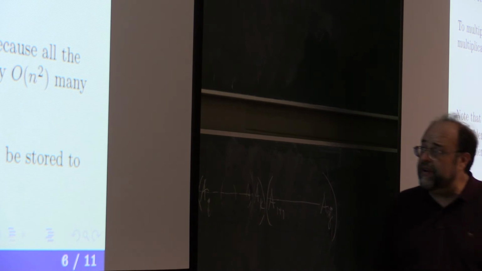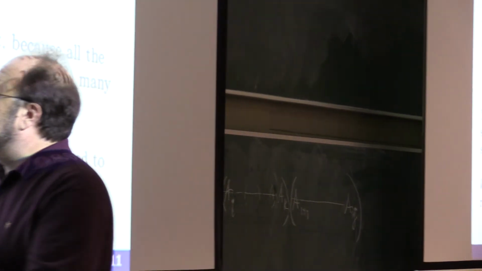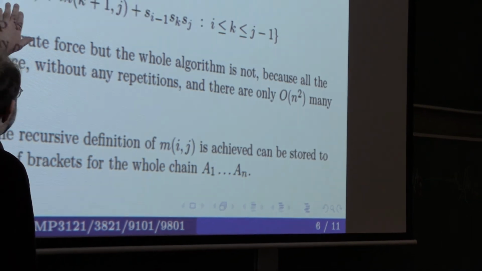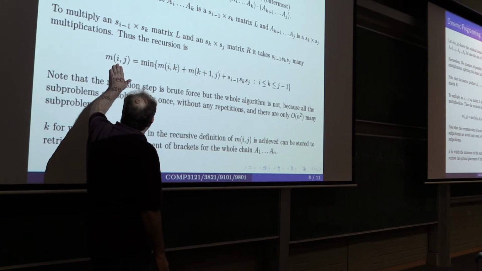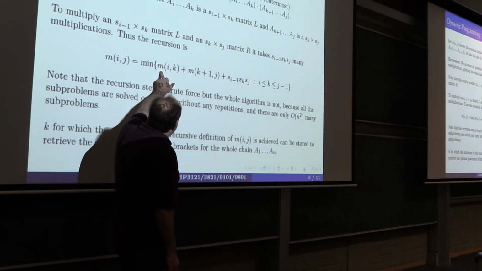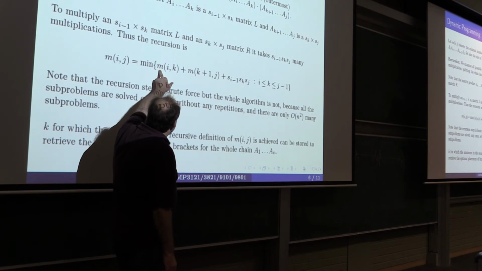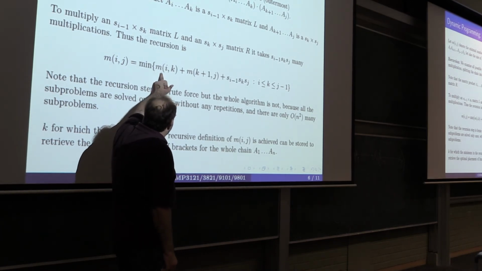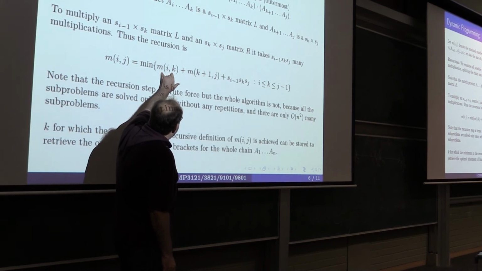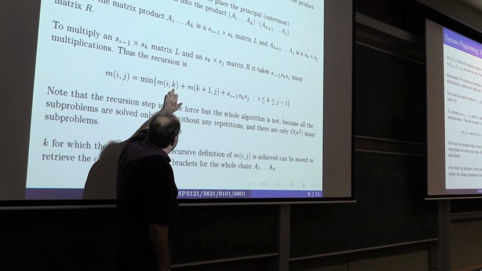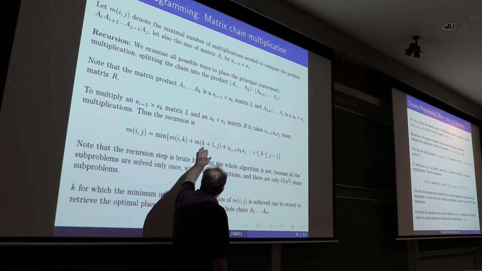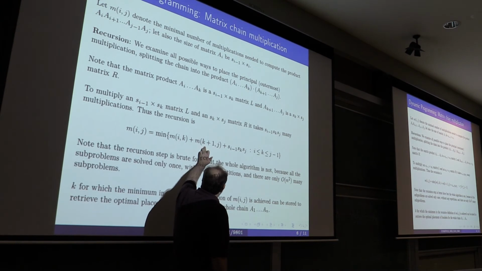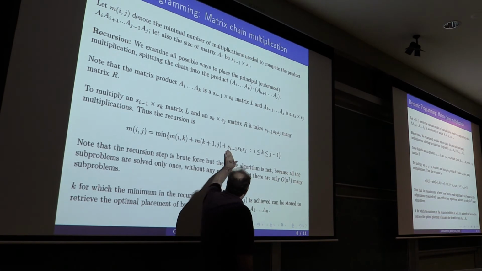So you simply search through all possible k, and you now recursively compute this value by summing up the number of multiplications needed to multiply the first matrices from AI to AK, plus the total number of multiplications needed to multiply matrices from AK plus 1 to J, plus, what is this here?